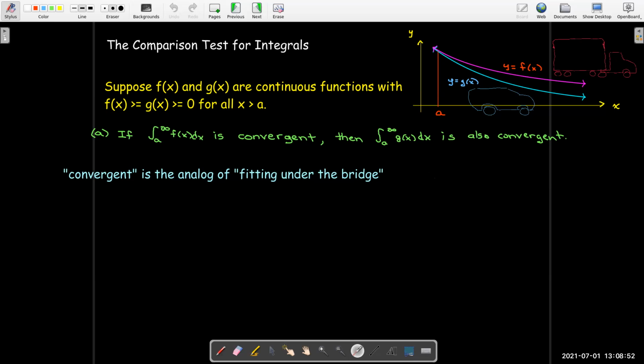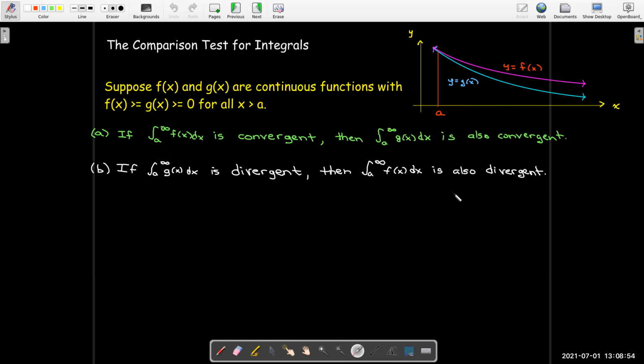And then we have the other meaningful case where you could say that, look, if the small one is divergent, then the big one is also going to be divergent. So divergent means not fitting under the bridge. So if the small one doesn't fit, then the big one can't fit as well.